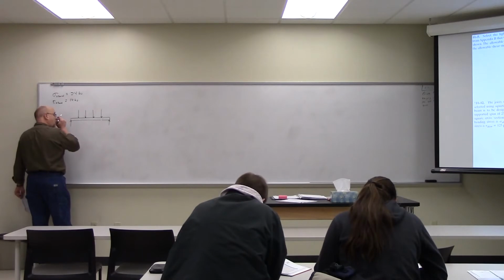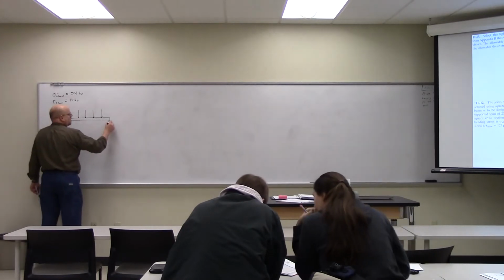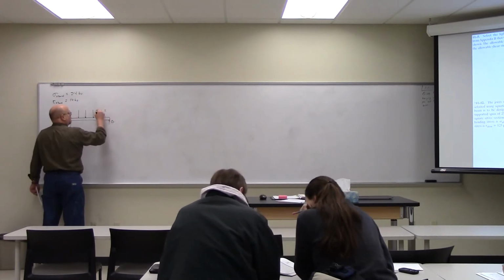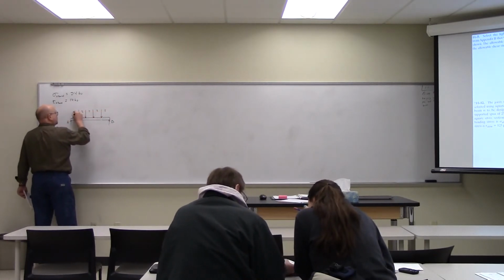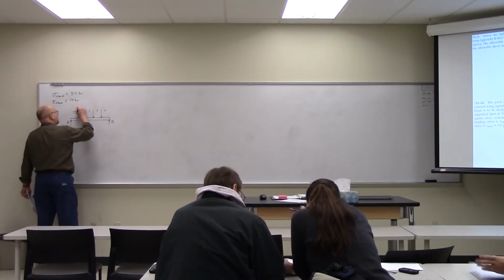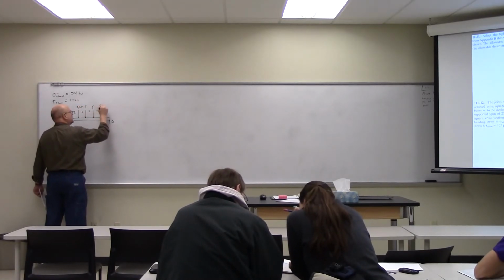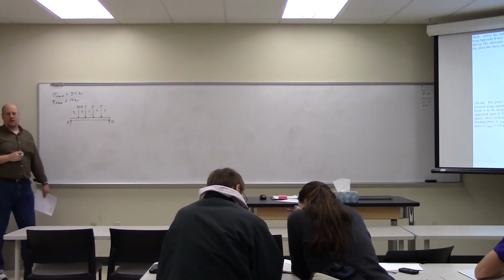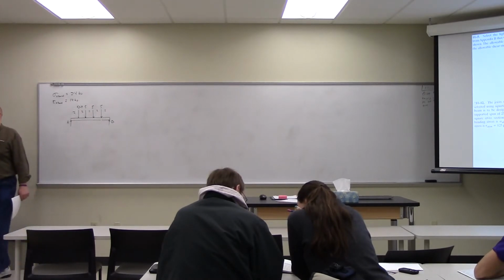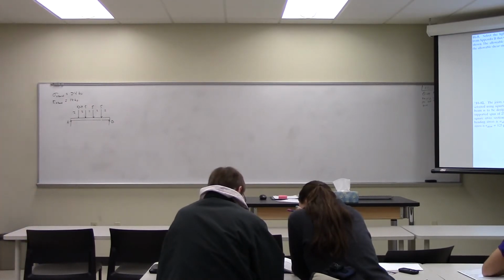Okay. Reaction forces at A and B. And everything is 2 feet. And this is 5 kips. All right. Free body diagram. Now what?